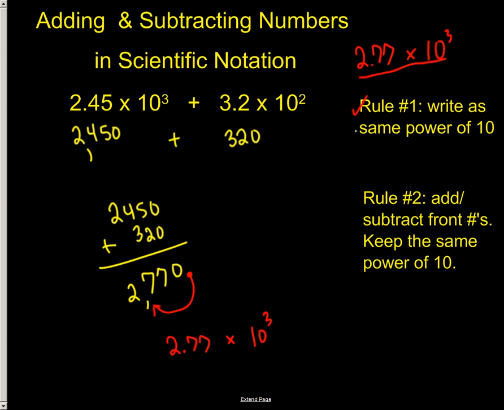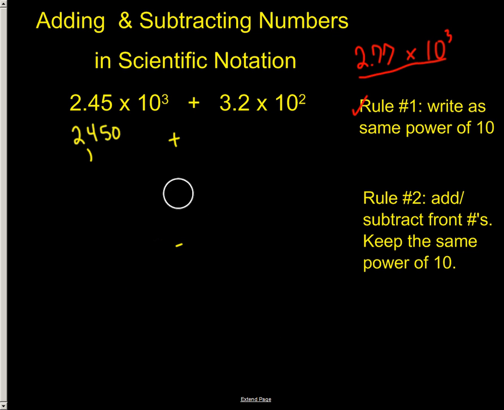So why do we have to change the powers to be the same power of 10? You know, why do we have to raise the second number to the same power of 10? Well, it's the only way that we're allowed to actually add these front numbers. If we don't change this to a positive 3, if we don't make that 10 to the third power and scoot this decimal over 1 spot, then we're left with it just being 3.2.